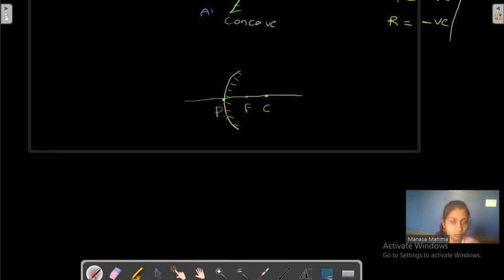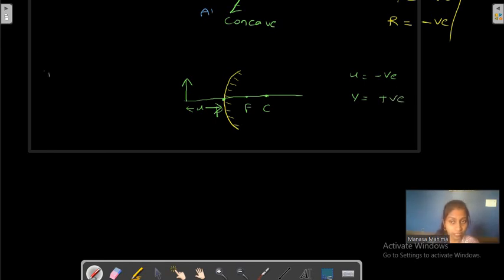The pole and the principal focus will be on the right side of you. But the object should always be taken to the left side of you. So whatever distance we measure, u is negative in both cases, but the image which is formed will be positive. I will take it as positive. Why?